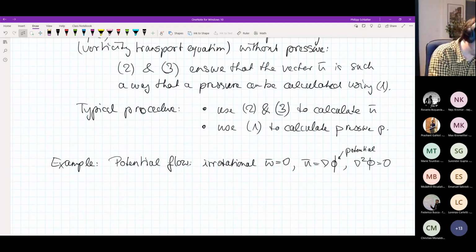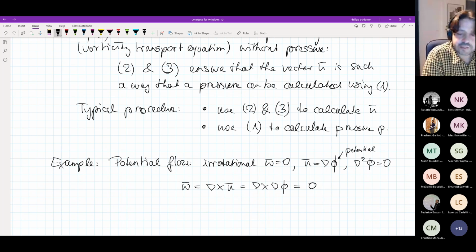Well, the vorticity omega would now be defined as the curl of the velocity, and if we just put in the definition with the potential, we have nabla cross nabla phi, and of course this becomes 0.